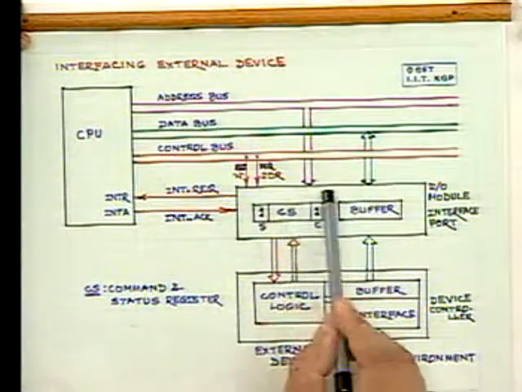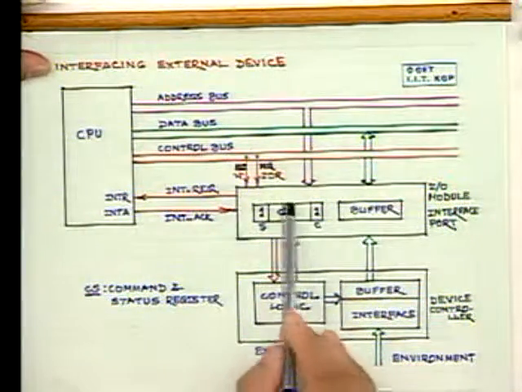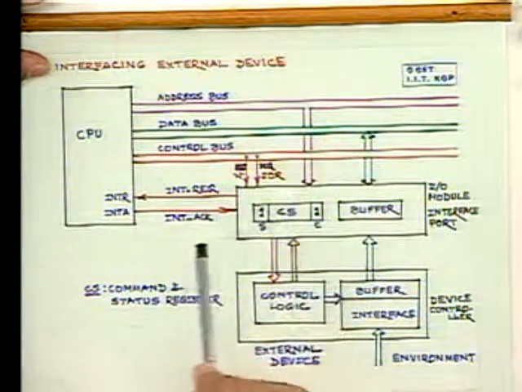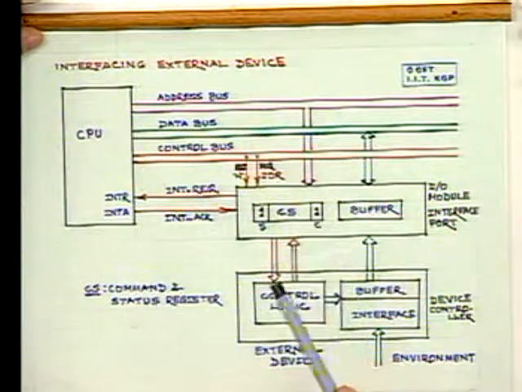There may be a separate command register and a separate status register, because many commands can be there. In the case of a disk drive, for example, search a surface, seek a sector, read, write.